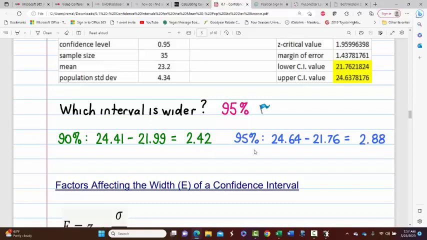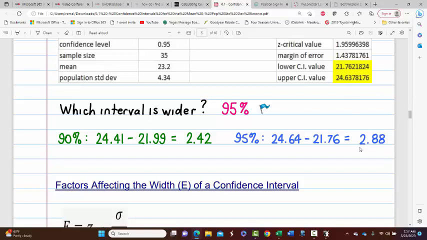You don't necessarily have to know that, because if you go E one way below and E above, it'd be two E's added together. It will be easy to see from this one. If you subtract the two numbers, this width is 2.88, so it would actually be this number right here. If you rounded it to 1.44 and multiplied it by 2, that's twice the margin of error.